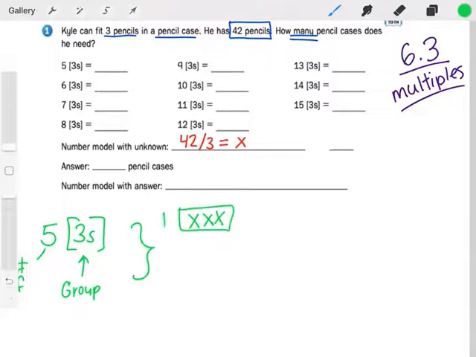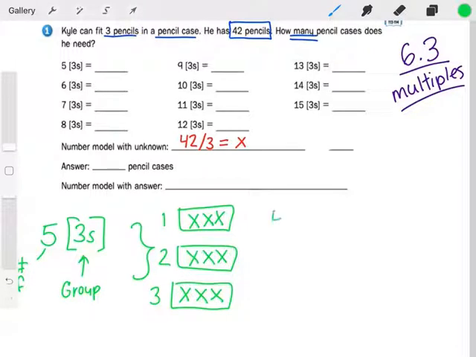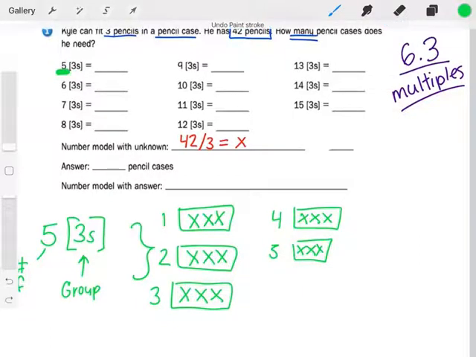This would be one group. 1, 2, 3. This would be another group. So you would do this until you have all 5 groups. You would read this as 5 3s, 5 groups of 3.